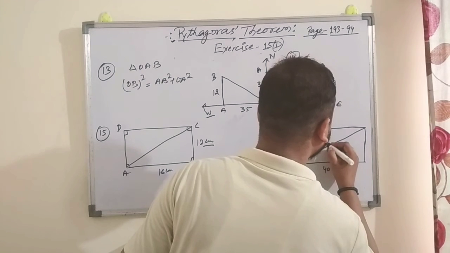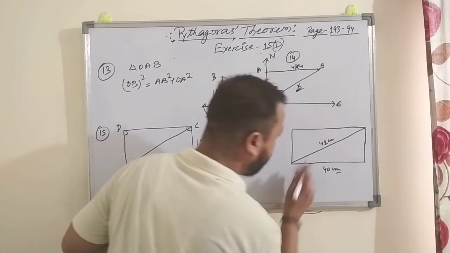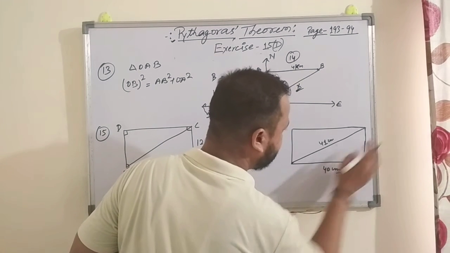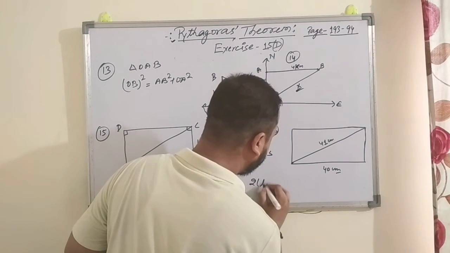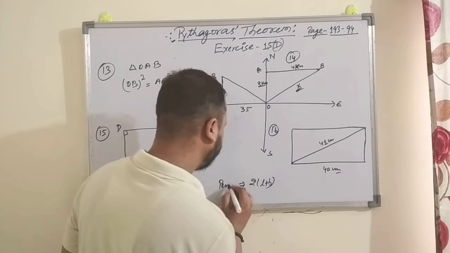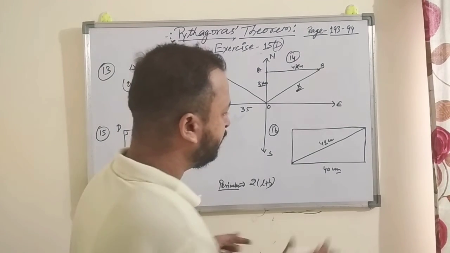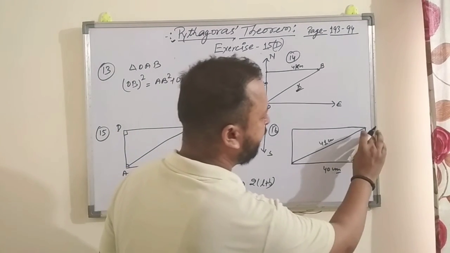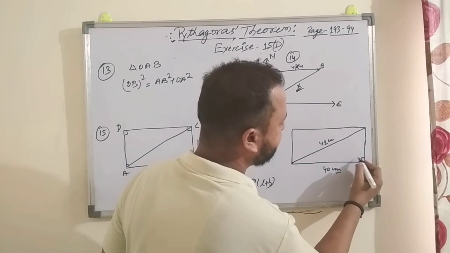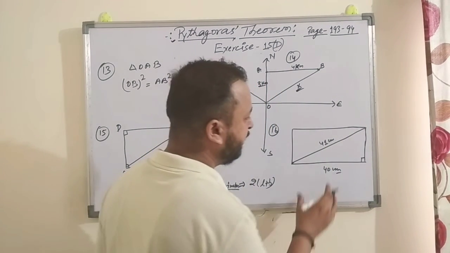This length is given as 41 centimeter. So we know that the perimeter of the rectangle, this is length, this is breadth, is twice L plus B. So length is given, breadth you have to find out. This is 90 degree. Why? Because adjacent sides of a rectangle make a 90 degree angle.